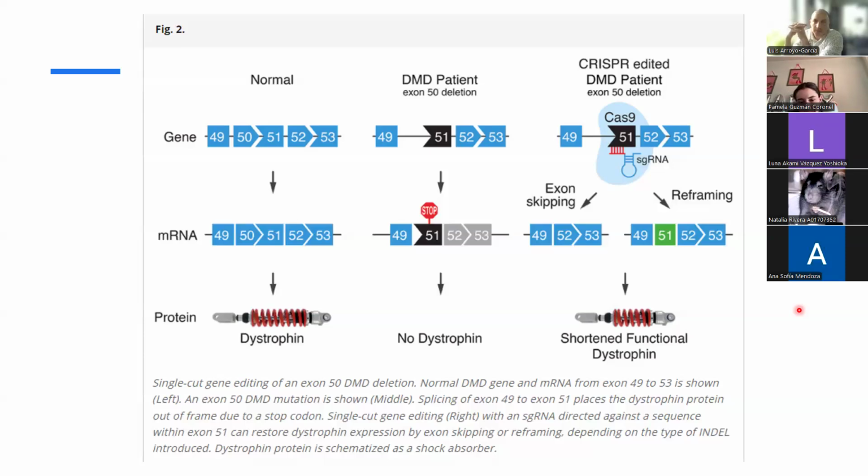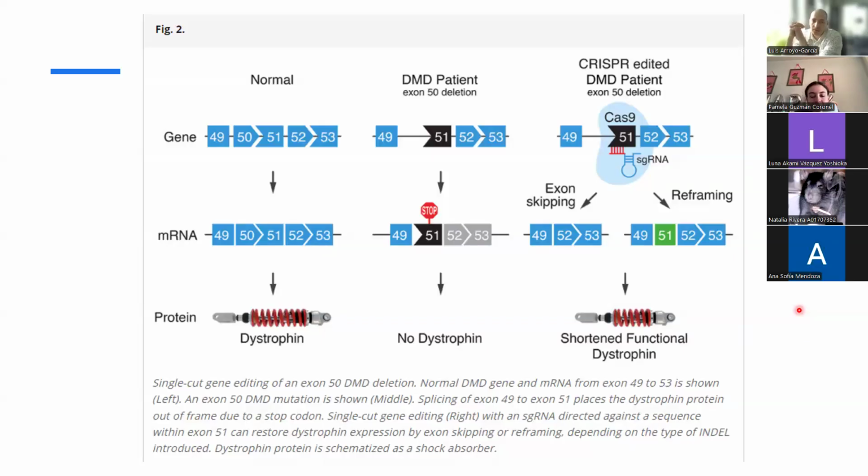Duchenne is going to have the worst prognosis because it's advancing very fast. Around 5 years old, 5 to 10, they will start showing effects, then they will lose the ability to walk, and then it would affect the muscles for breathing and the heart. So at the age of 25 is kind of the life expectancy.